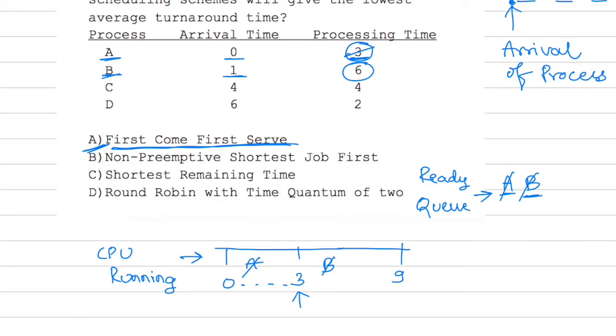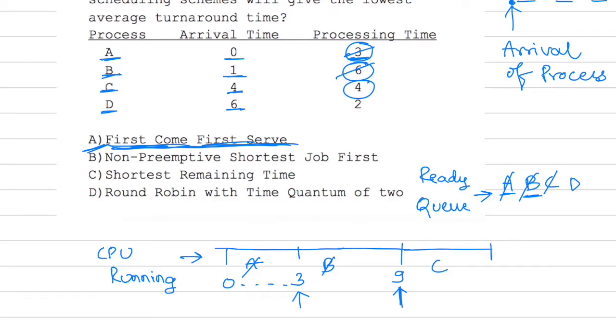Then B will go out of the system. Now when we reach this 9th second, another 2 processes, C and D, had already arrived into the ready queue. So let's note them down, C and D. Now again, we are following first come first serve. So the next process after the 9th second, C will be picked up. So C comes here. Now what is the processing time of C? Processing time of C is 4 seconds.